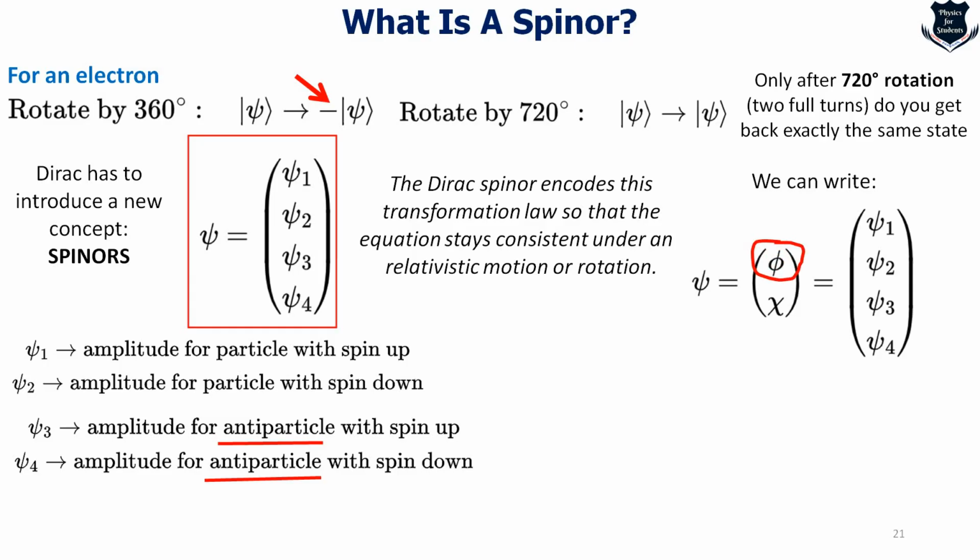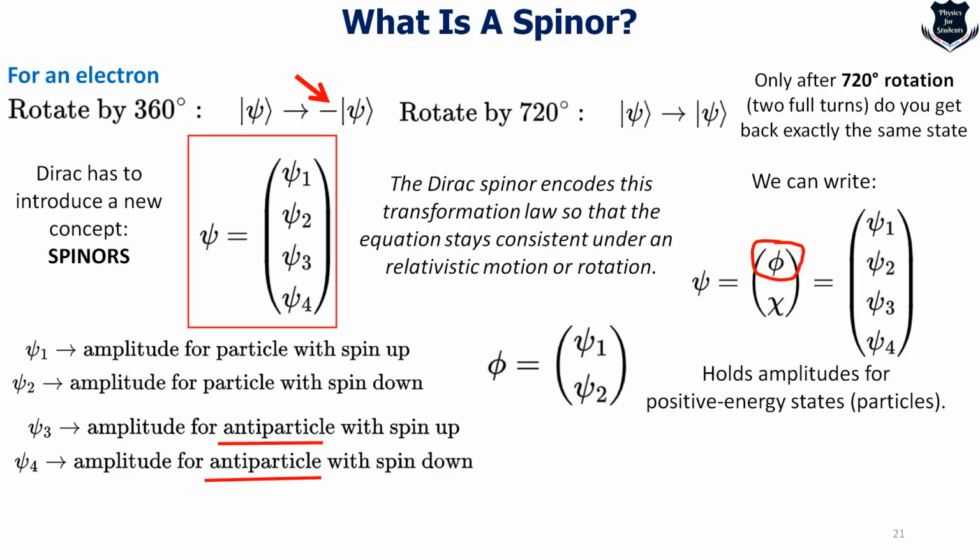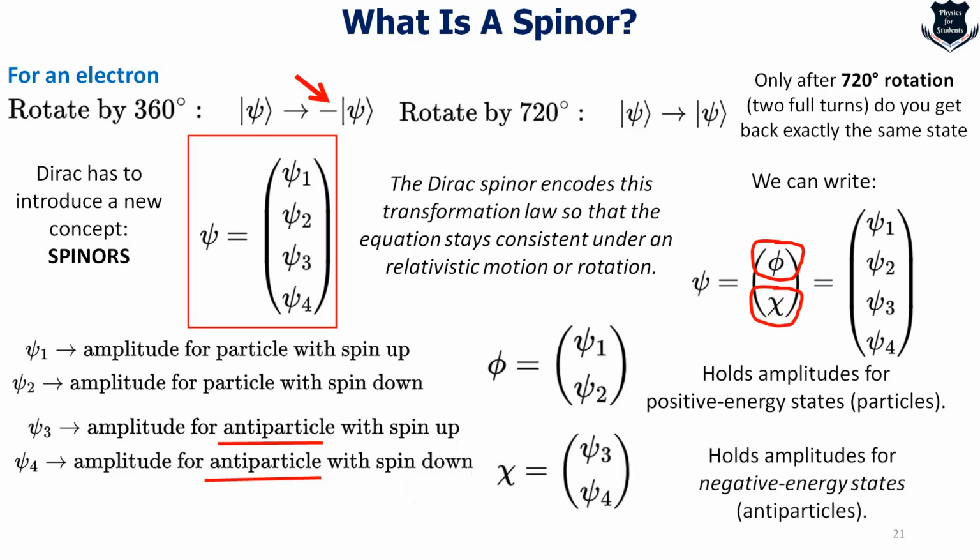This phi holds amplitudes for positive energy states, and this chi tells about the negative energy states. For the first time in the history of physics, we got an understanding of negative energy states. History tells that when Paul Dirac invented this, he thought that his equations were wrong. Later, when experiment proved that yes, negative energy states or antiparticles exist, he found out that his theory was profound and correct.